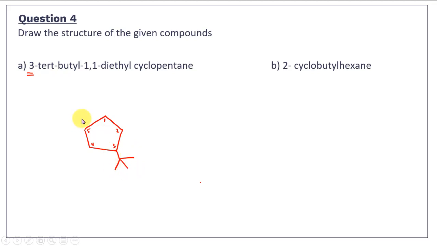For the other substituents, both are located at carbon number 1. So the 1, 1 positions mean there are 2 substituents, 2 ethyl groups. At carbon number 1 here, I have one ethyl group with 2 carbons, and then another substituent, also 2 carbons. If you want to look at the condensed structure, it will look something like this: CH2, CH3 at carbon number 1, CH2, CH3.